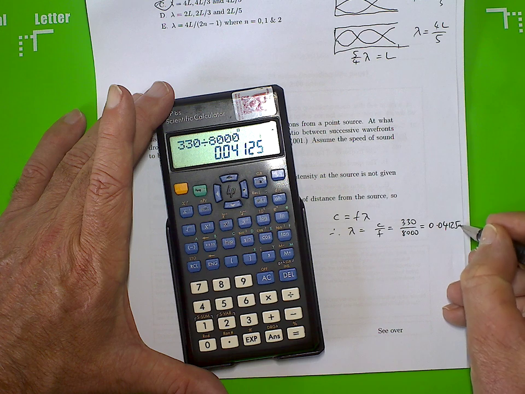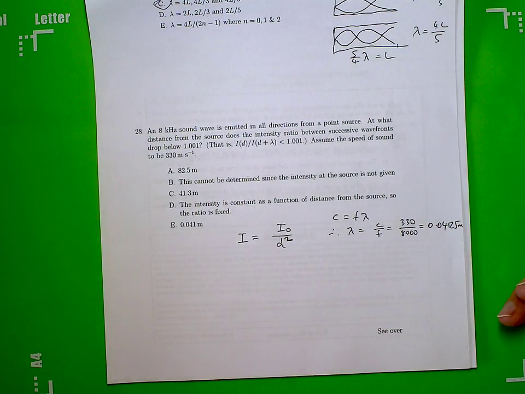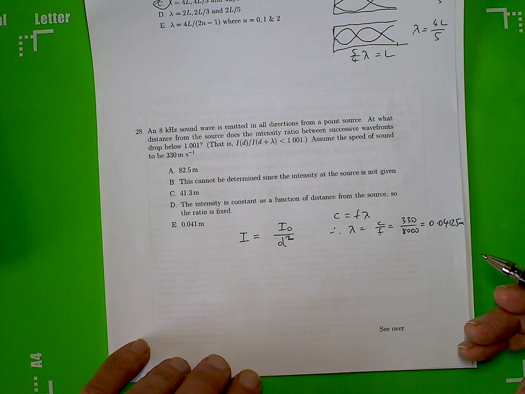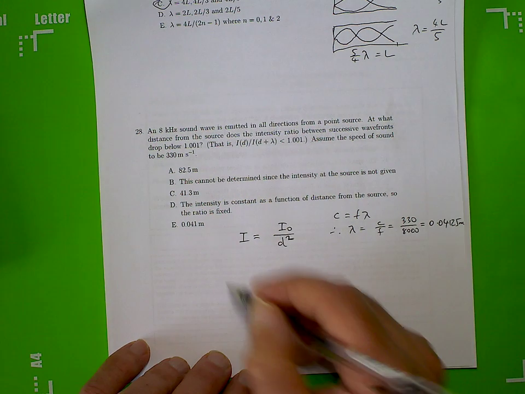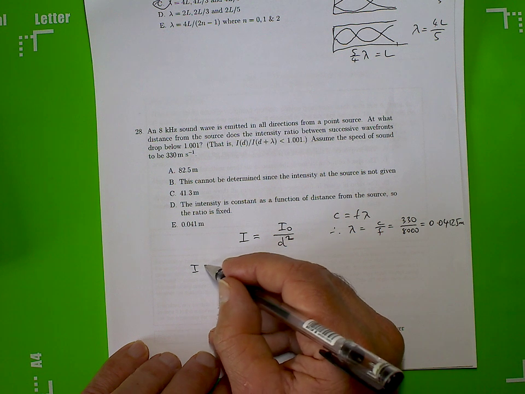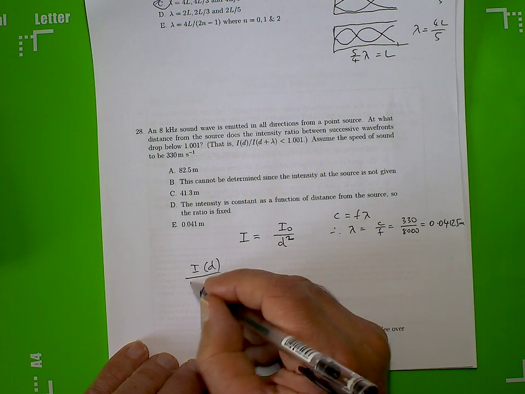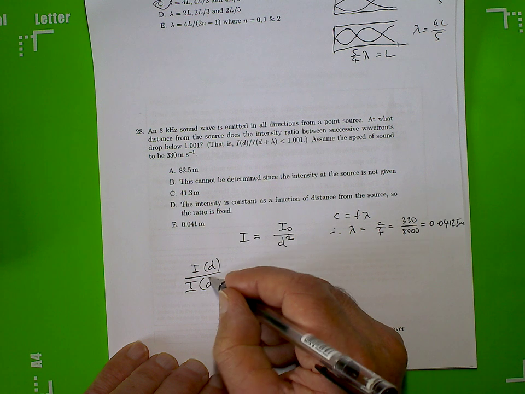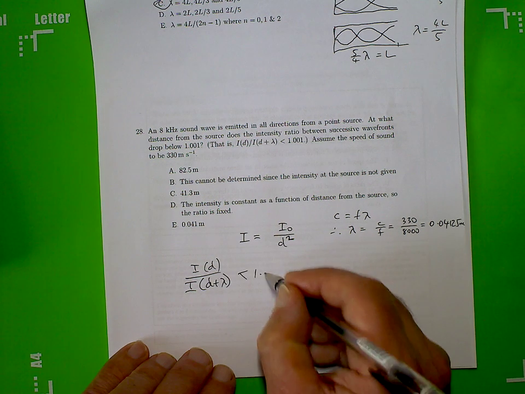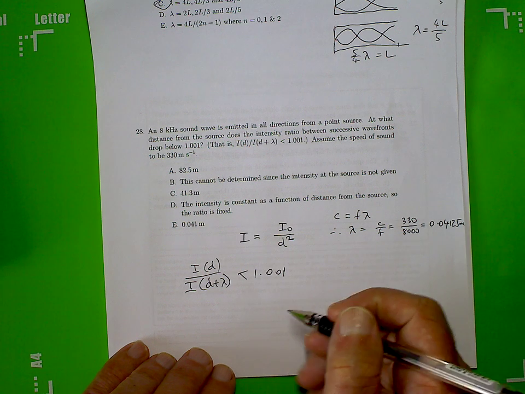0.04125 meters. Okay, so that's the wavelength. So we require I of d over I of d plus lambda to be less than 1.001.